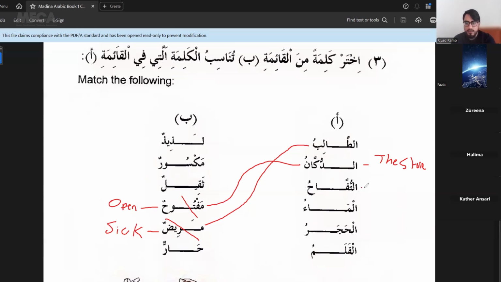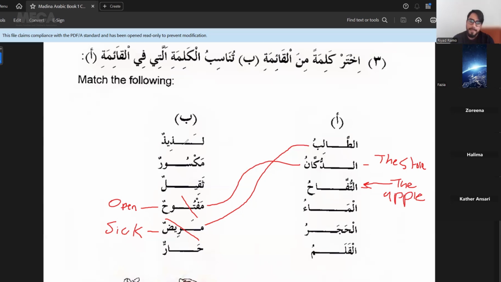Zarina, next one. Which one is it? The third one. Tufahu. At-tufahu is the apple. Which one would be sweet or delicious?